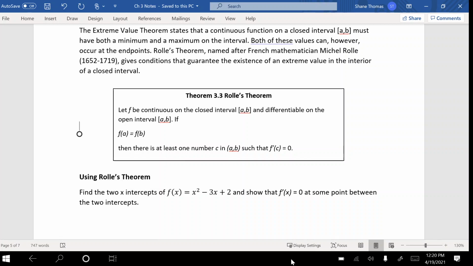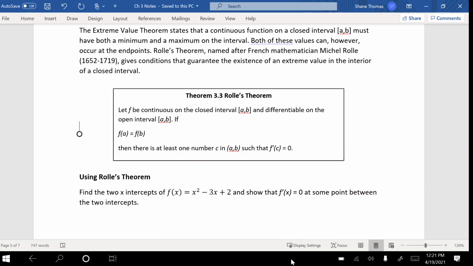Can we differentiate that? Kind of, but the derivative is 0, so technically it is not differentiable. If it's differentiable on that interval, and f of a is equal to f of b, then there's at least one number c in (a, b) such that f prime of c is equal to 0.